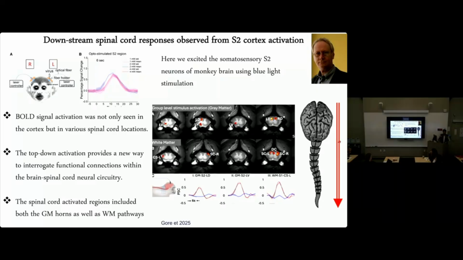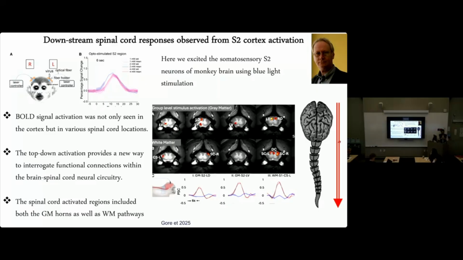And we could find activation in the somatosensory S2 cortex for that. But more importantly, we could find that there was activity correlated with the task in the spinal cord also. And this top-down activation provides a new way to integrate the functional connectivity within the brain-spinal cord neural circuitry architecture.